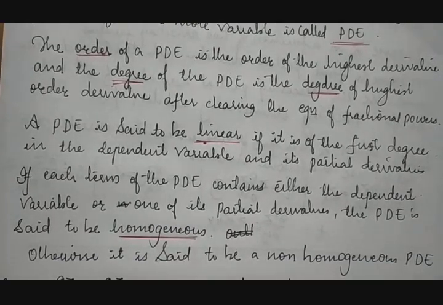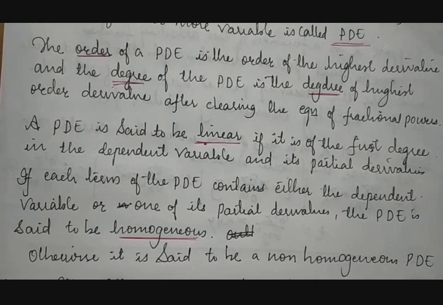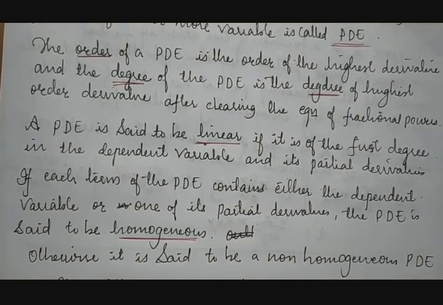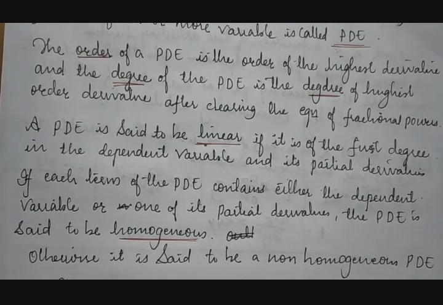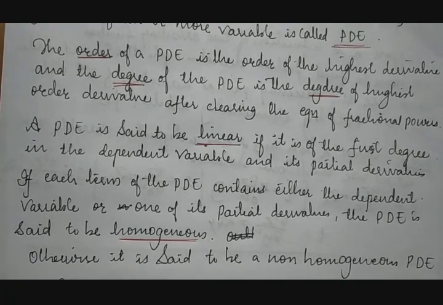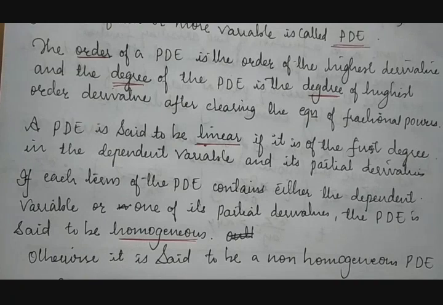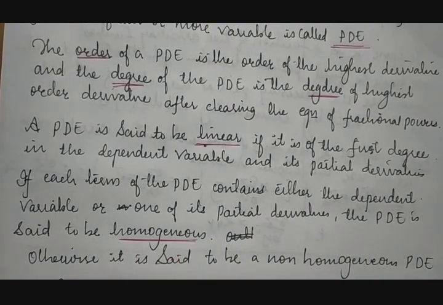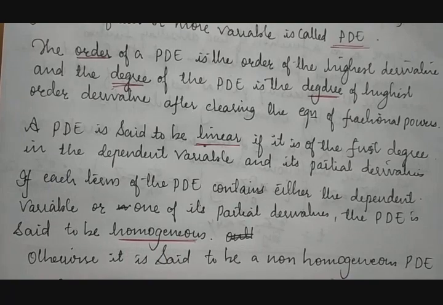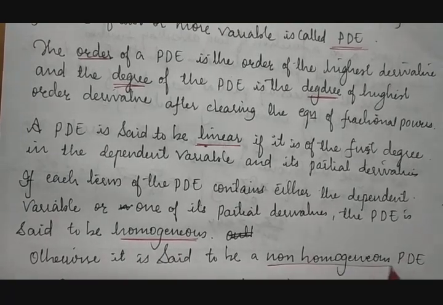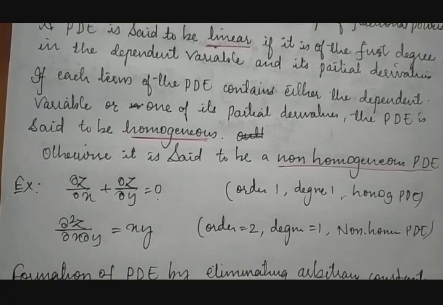Homogeneous partial differential equation means what? In each term of the partial differential equation, it contains either the independent variable or one of its partial derivatives. That is called homogeneous. If it is not so, then that is called a non-homogeneous partial differential equation.